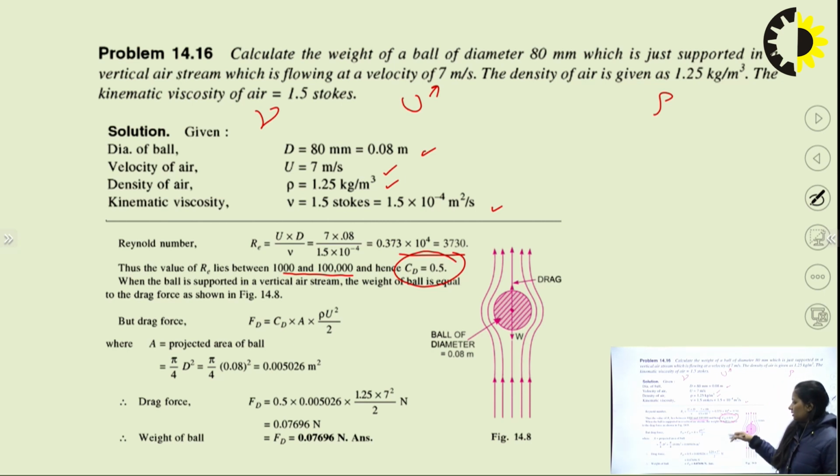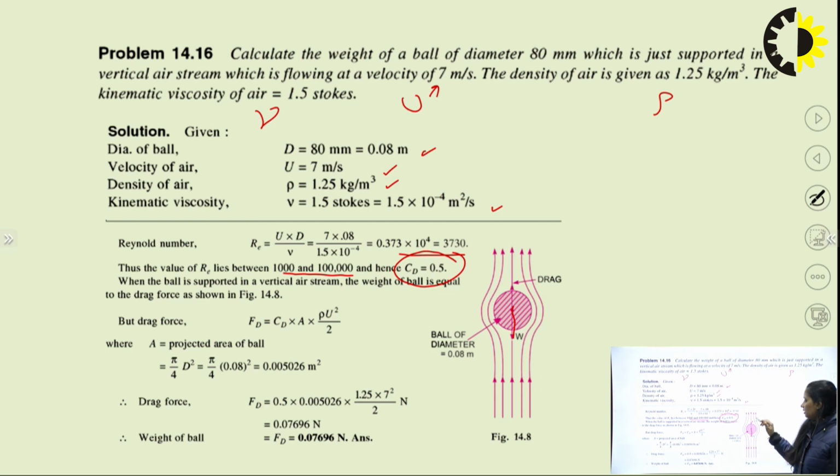Now going further, when the ball is supported in a vertical air stream, the weight of the ball will be equal to the drag force. In this figure you can see this is the ball, and the weight is acting downward.